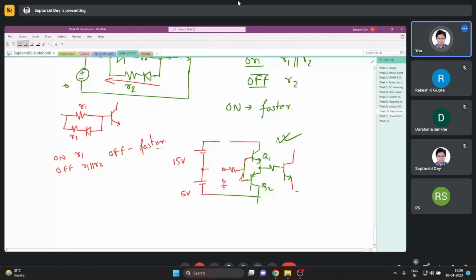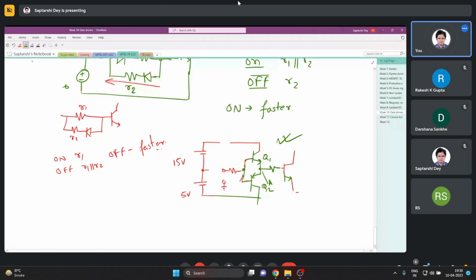Yes, at that point, with respect to that point, the bases of Q1 and Q2 are connected. So that point should be greater than 0.7 for Q1 to conduct. Sir, how is the base signal coming?